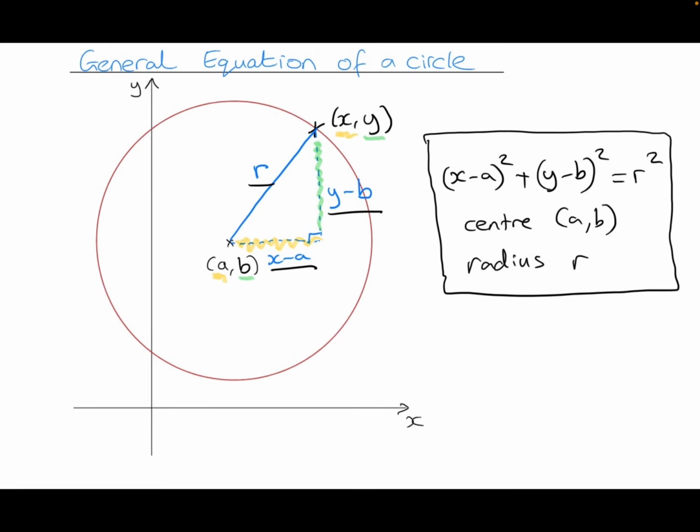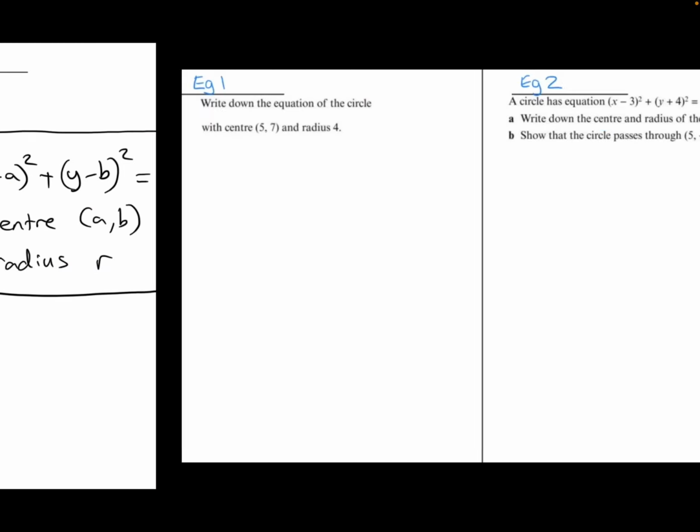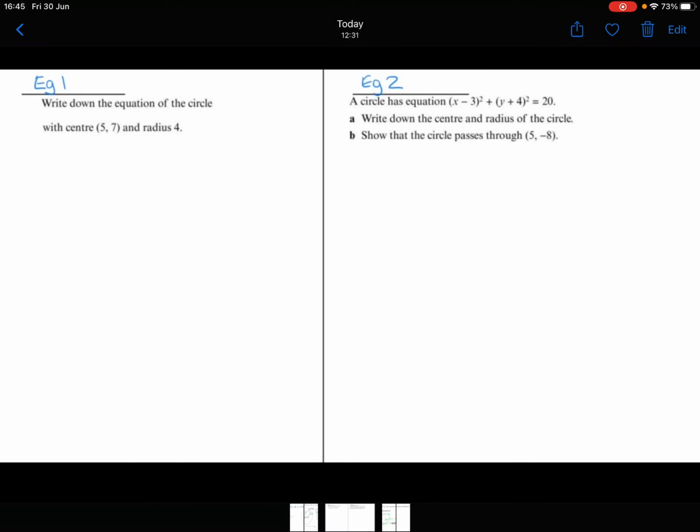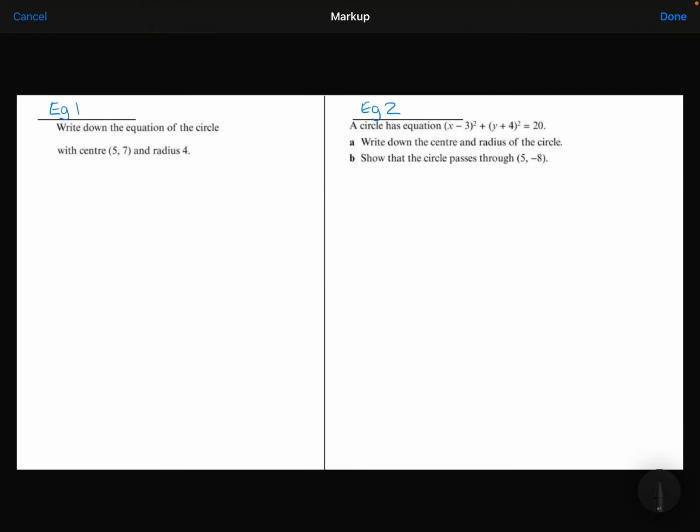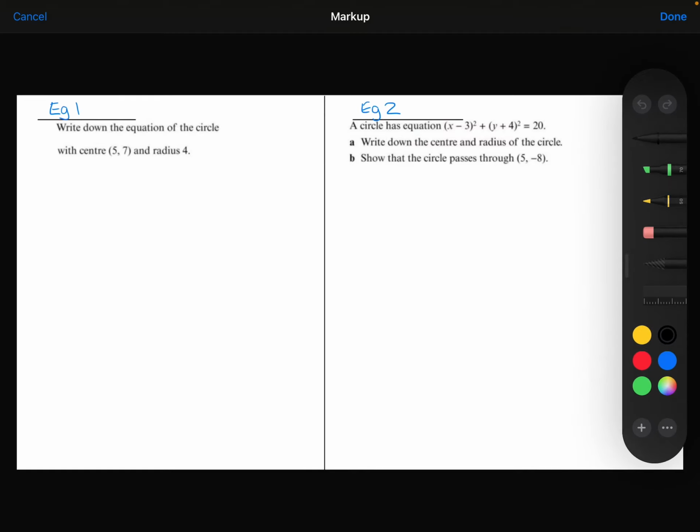Let's have a look at 4 examples using this equation. So first off, really simply, in example 1 here, we're told we need to write down the equation of a circle that's got centre (5, 7) and radius 4. So remember, generally, the equation of a circle is (x minus a) all squared plus (y minus b) all squared equals the radius squared.